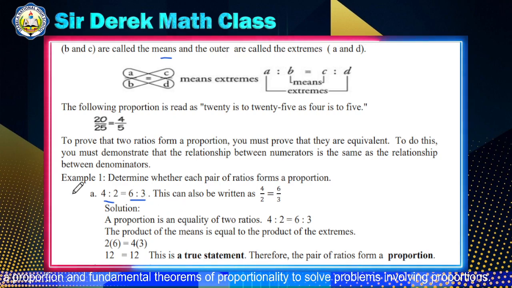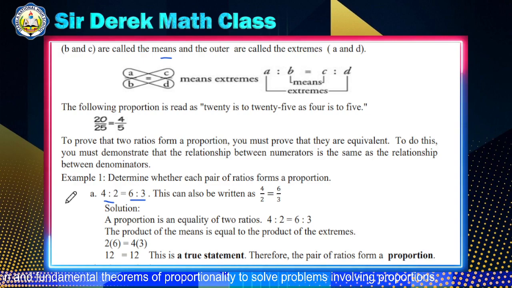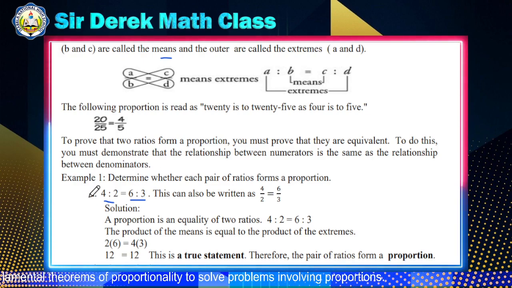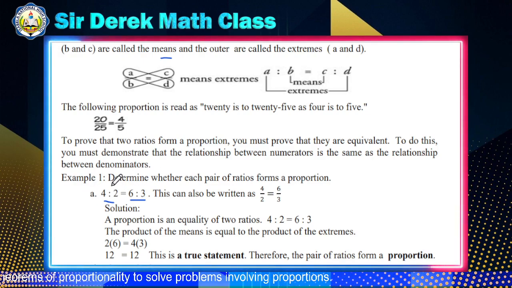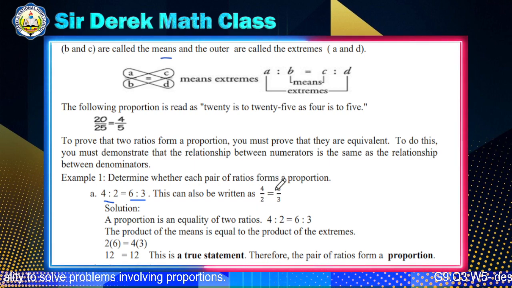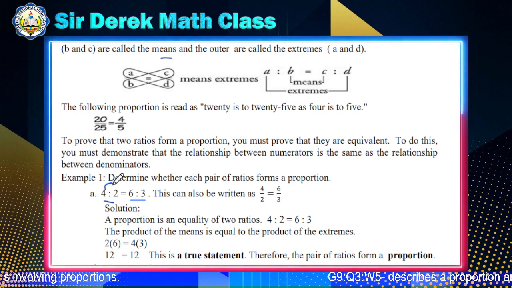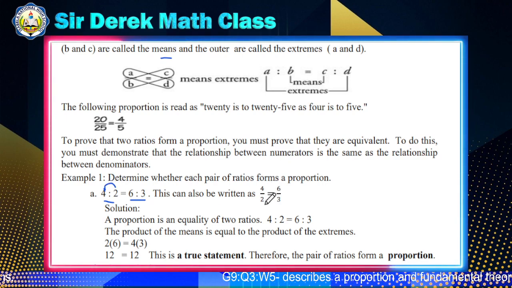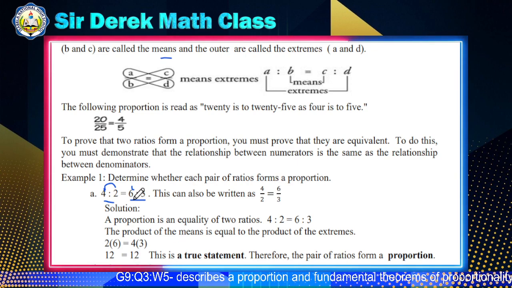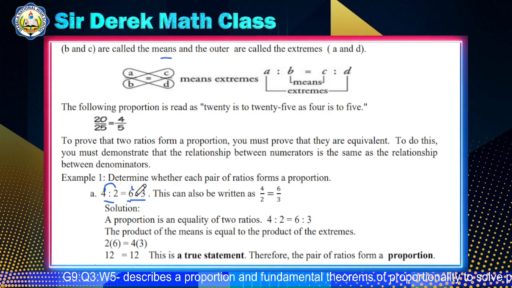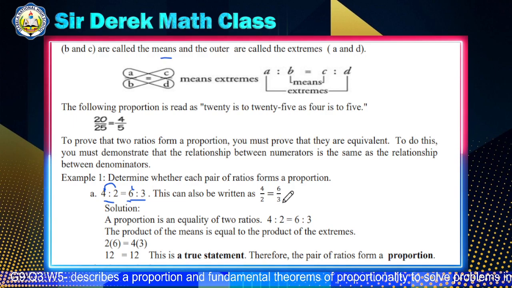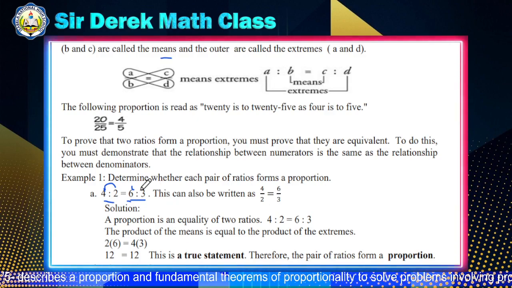Before we proceed to describing whether these two ratios are proportional or equivalent, you must learn how to transform them into fractions. So 4 is to 2, you can write it as 4 over 2. Take note here that order matters. Be consistent: 4 over 2, then equals 6 over 3, the first term over the second term. In ratio, order matters.